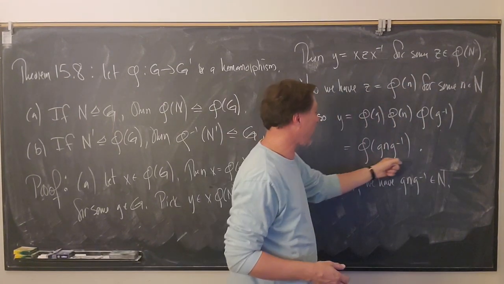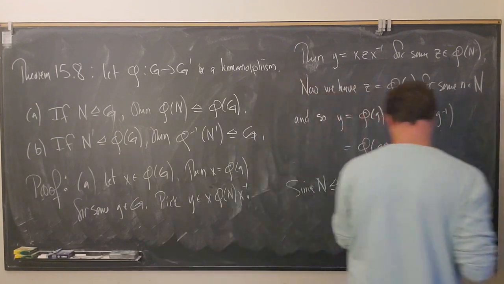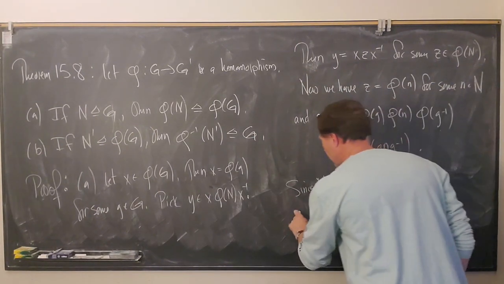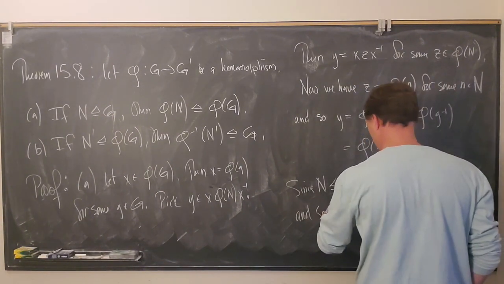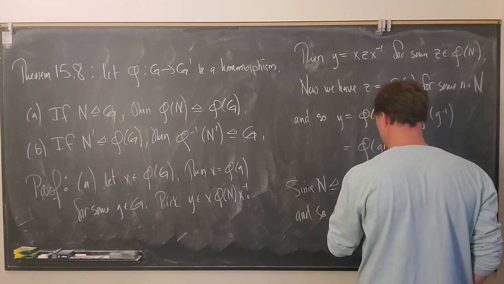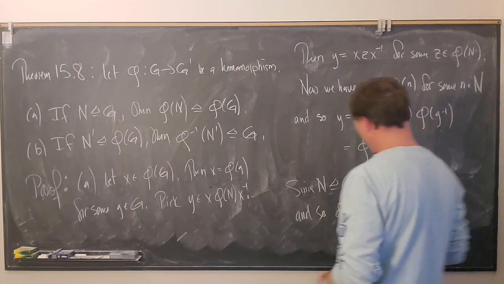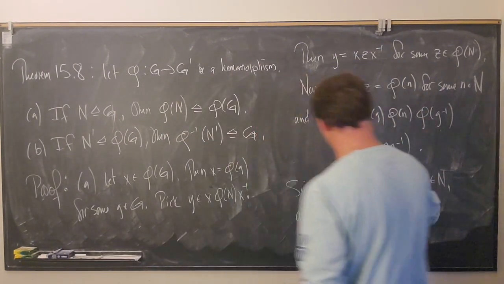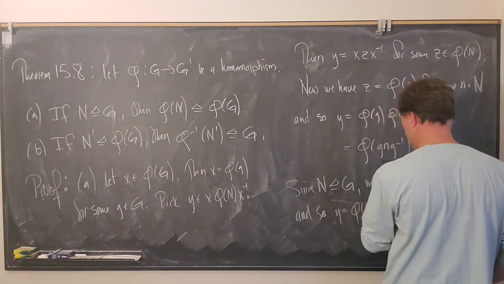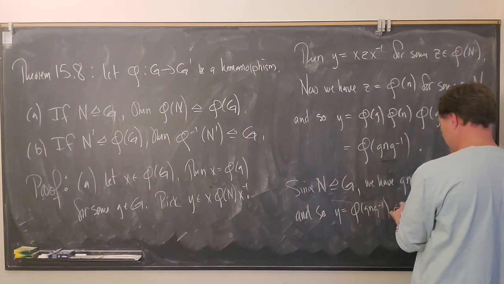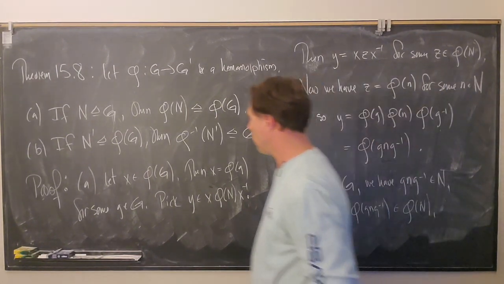That means that phi of g n g inverse is an element of phi of N. Let's finish this off. And so y, which equals phi of g n g inverse, is an element of phi of N. So what did we do?